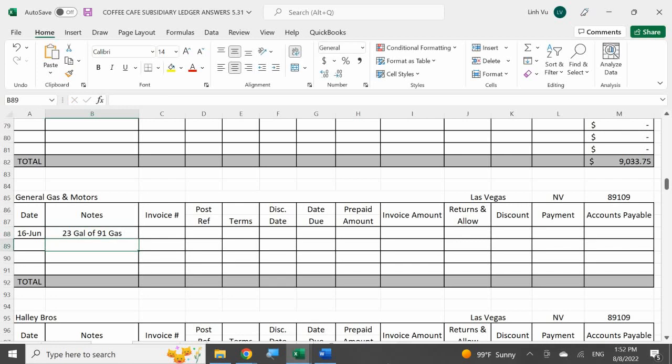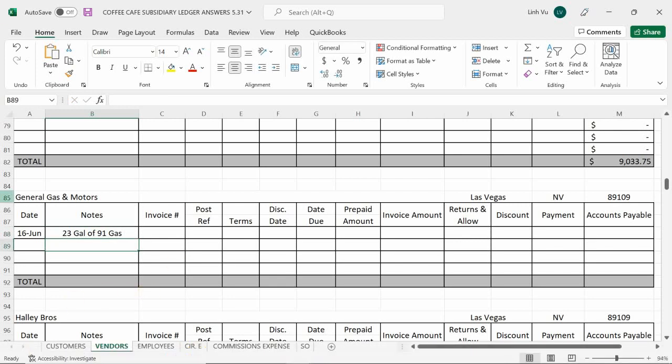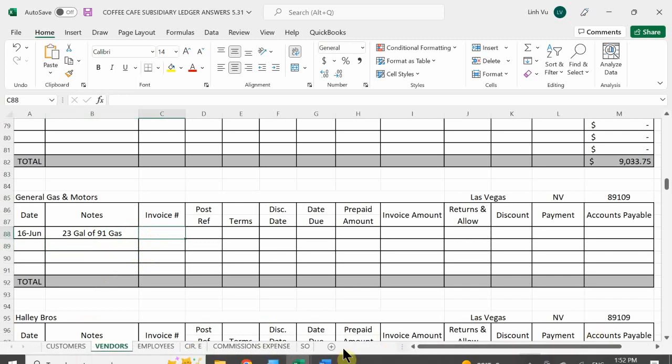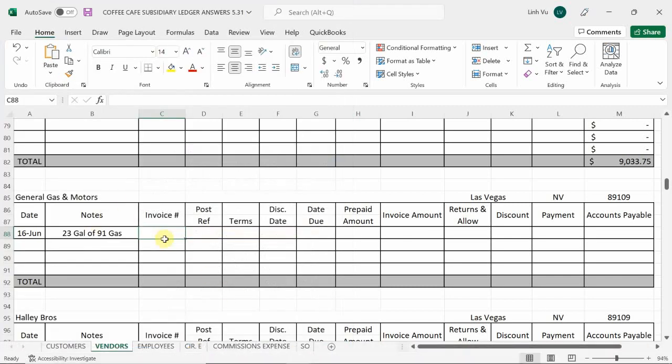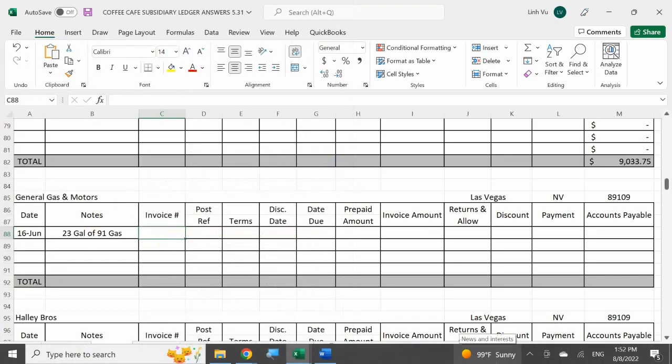Insert invoice, you have your sales receipt number. So it was receipt number 3849876.